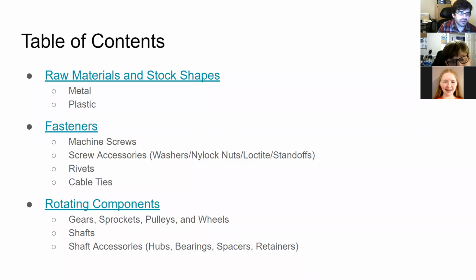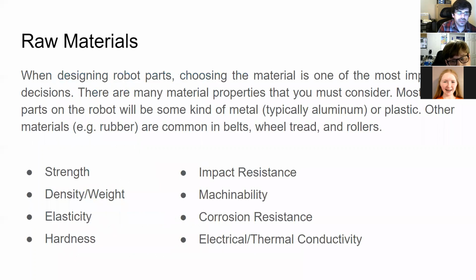I'm going to skip the table of contents because we're just going to go through all this. Raw materials. So at a very bare level, we'll be using different types of metals, different types of plastics, essentially wood. There'll be parts that are made of rubber.